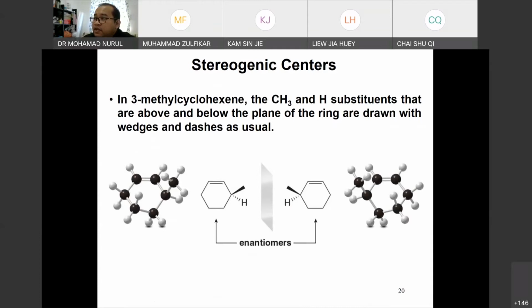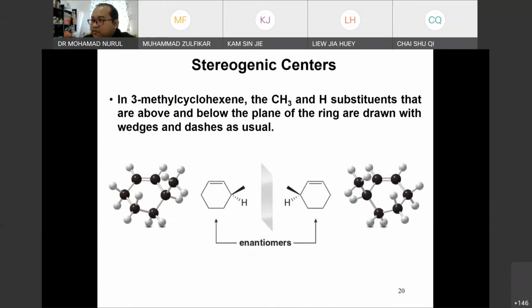In 3-methylcyclohexene, the CH3 and H substituents that are above and below the plane of the ring can be drawn with wedges and dashes as usual. So we are going to another stage: how to draw in 2D representations.